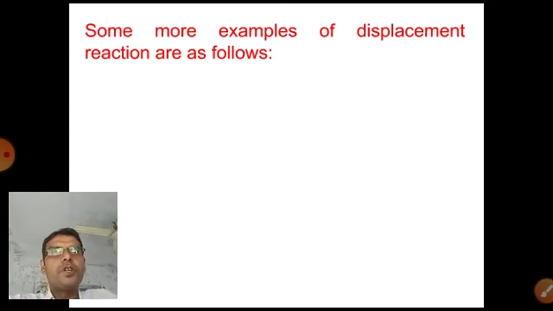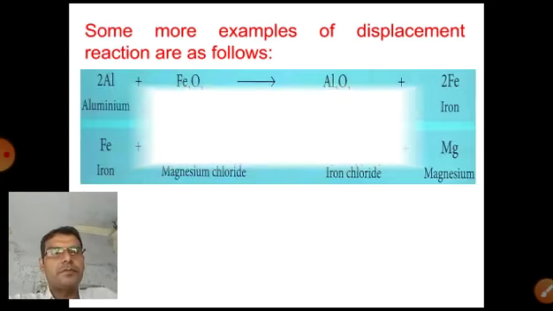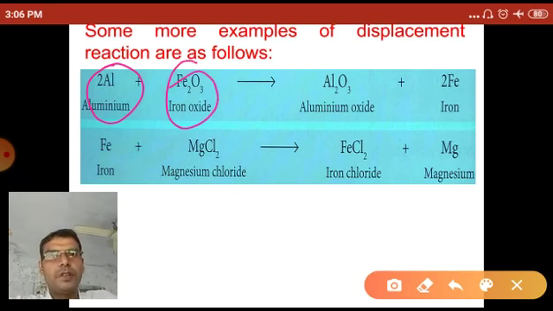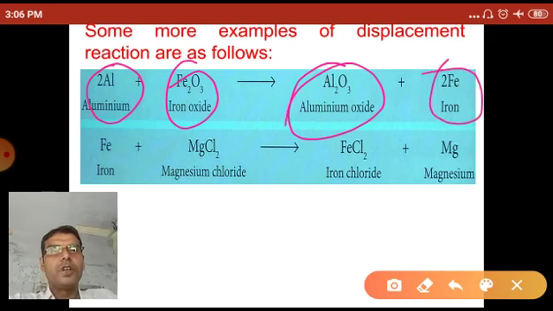Now some more examples of displacement reactions. Let's see this reaction: when adding aluminum into iron oxide, aluminum displaces the iron from the iron oxide and they form aluminum oxide and iron, because aluminum is more reactive than iron.